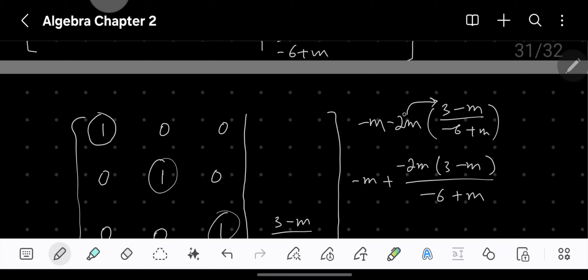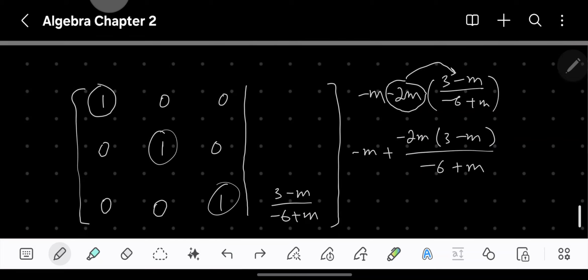What I have done, I have multiplied this thing with the numerator, okay, with minus. So I have multiplied with minus, therefore I have written here plus. Okay. Now you can check there are only two values, this one and this one, but the denominator of the second value is minus 6 plus m. The denominator of the first value is 1. So I can make their common denominator.